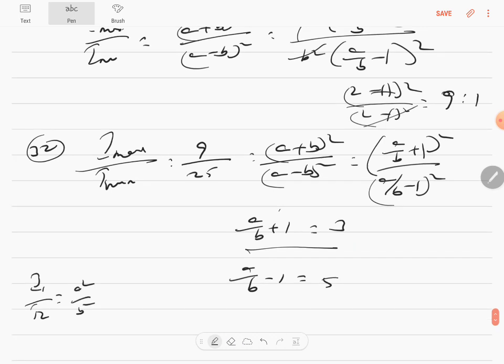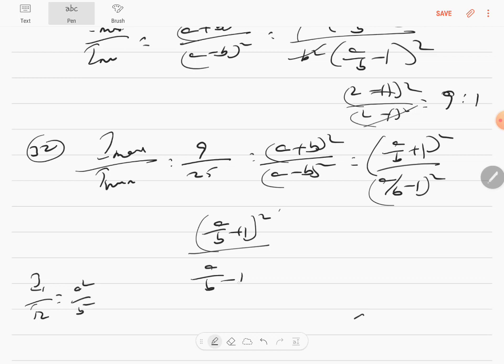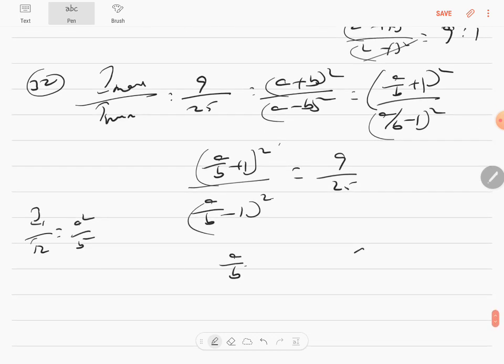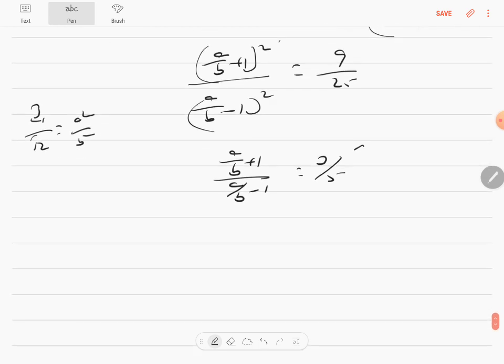A by B plus 1 the whole square by A by B minus 1 the whole square is equal to 9 by 25. Therefore A by B plus 1 by A by B minus 1 is 3 by 5, and cross multiplying you get 5 A by B plus 5 is equal to 3 A by B minus 3. Taking that to that side, you get 2 A by B is equal to, how is it minus?